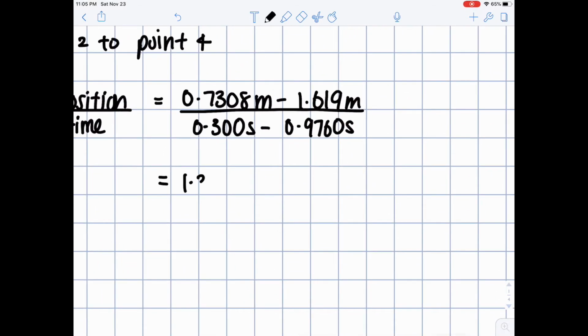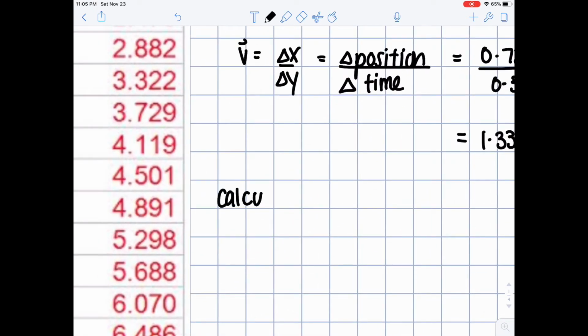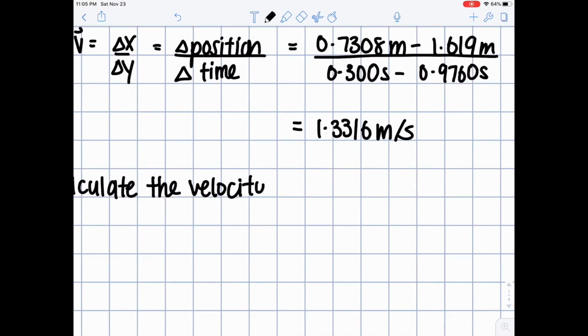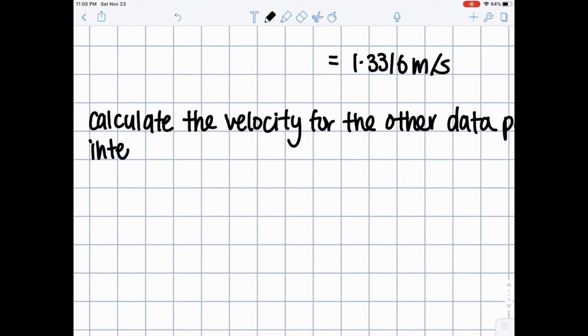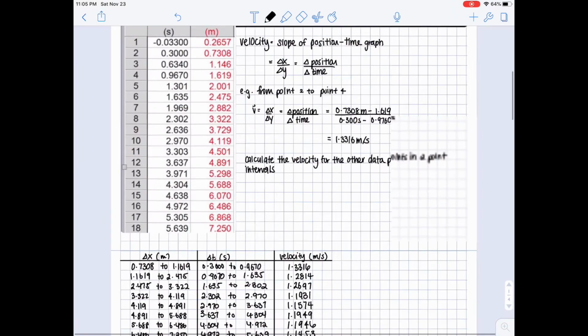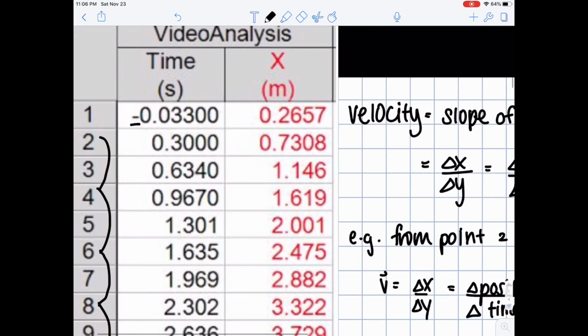This gave us a velocity of 1.3316 meters per second. The other velocities will be calculated in 2-point intervals using the generated data points. The first point will be omitted due to negative time.